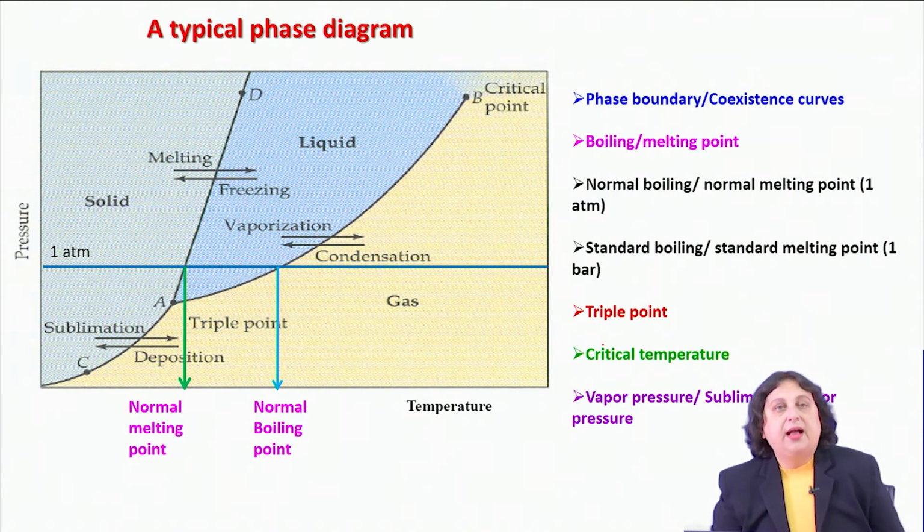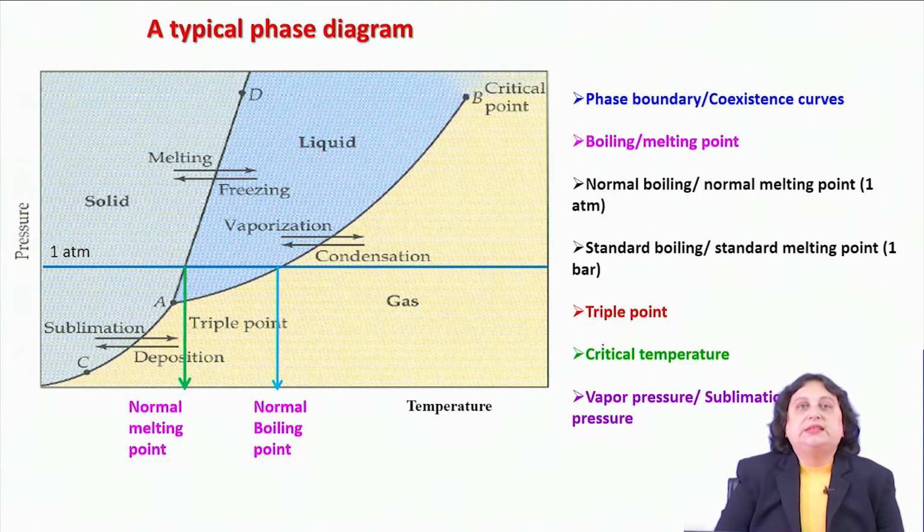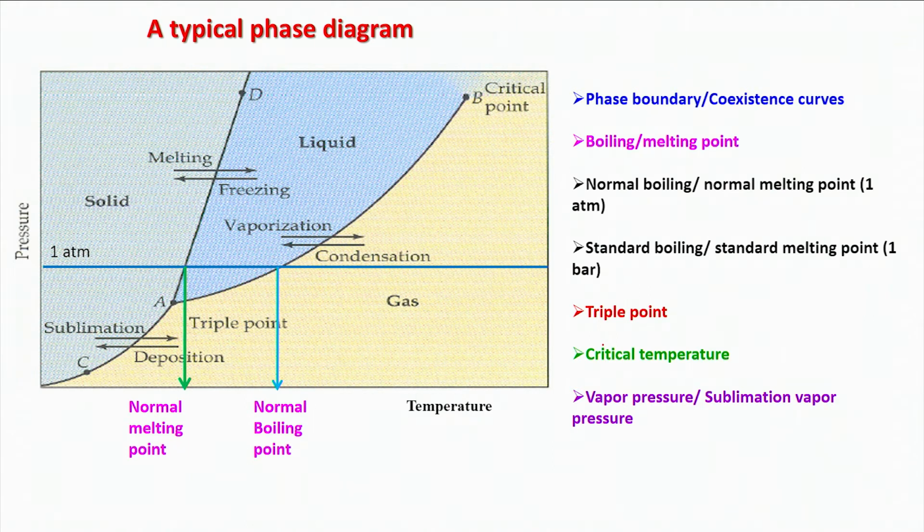Now, let me have a look at a typical phase diagram. And here you need to understand that there are certain properties that I need to take care of when I try to understand what this typical phase diagram means.